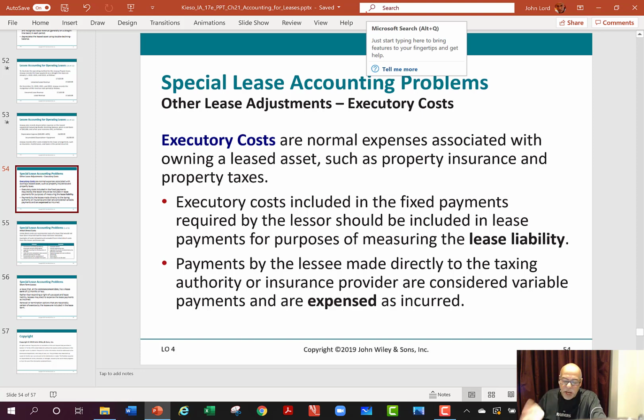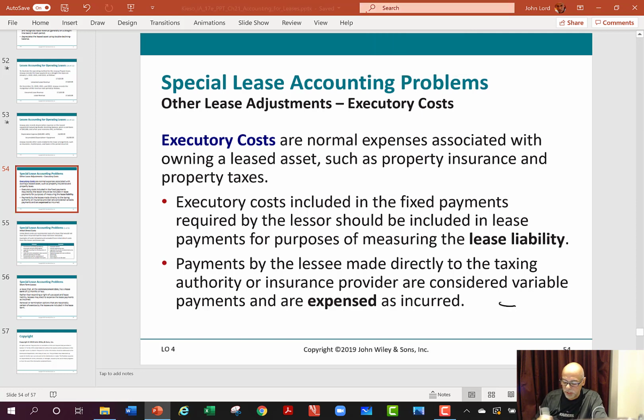Executory costs are basically payments that are made for the insurance or made for the tax on the asset, whatever different costs that you might make to keep say a vehicle maintained. You have to pay the licensing fees and that. And if those are going to be paid by the lessor, and the lessee is going to have to compensate the lessor as part of the lease payments, then they should be included. But if they're going to be paid directly by the lessee, then the lessee will go ahead and expense those as incurred.